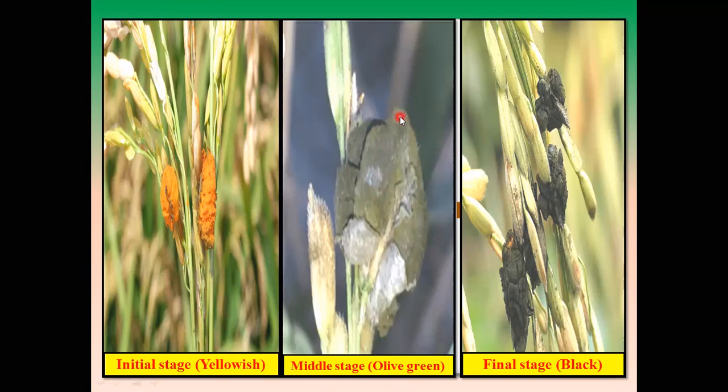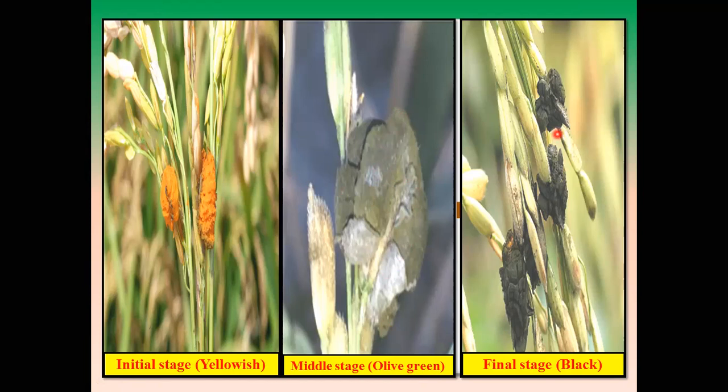But at the middle stage of the infection, these infected smut balls are generally olive green in color. And in the last stage of the infection, these yellow smut spores are totally transformed into blackish smut spores.